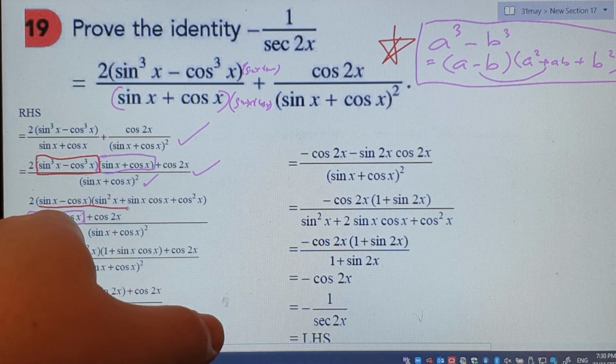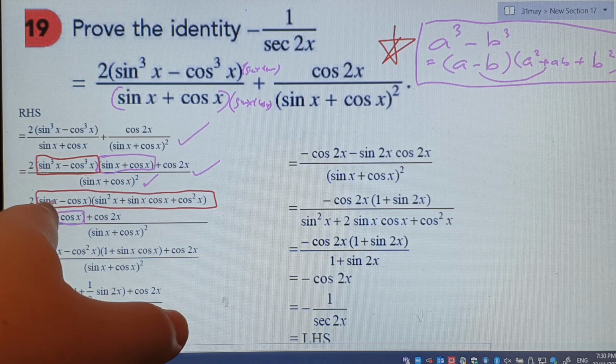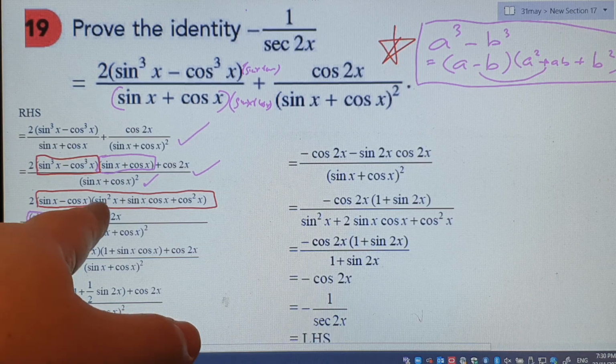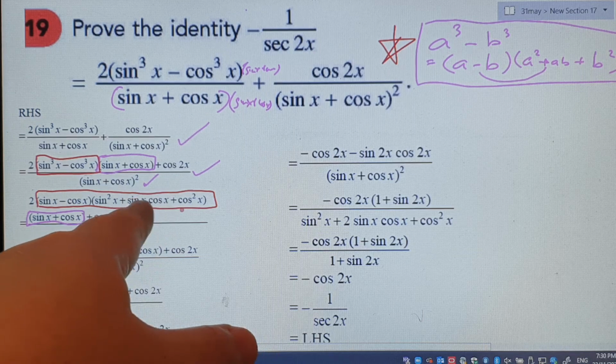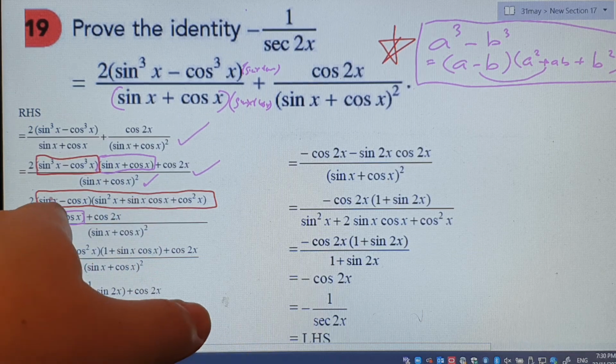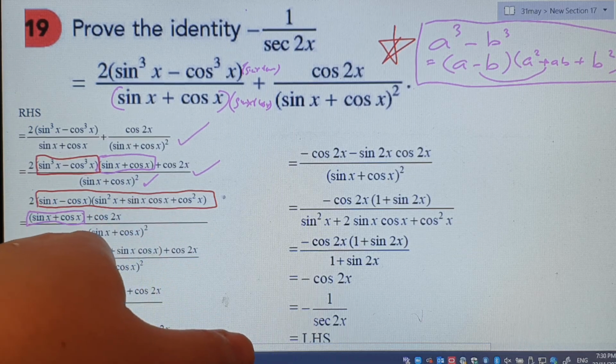Can you see that? Where your A is sine x, your B is cosine x. So A square is sine square, B square is cos square. Then this is your AB. So this whole thing is at the numerator.